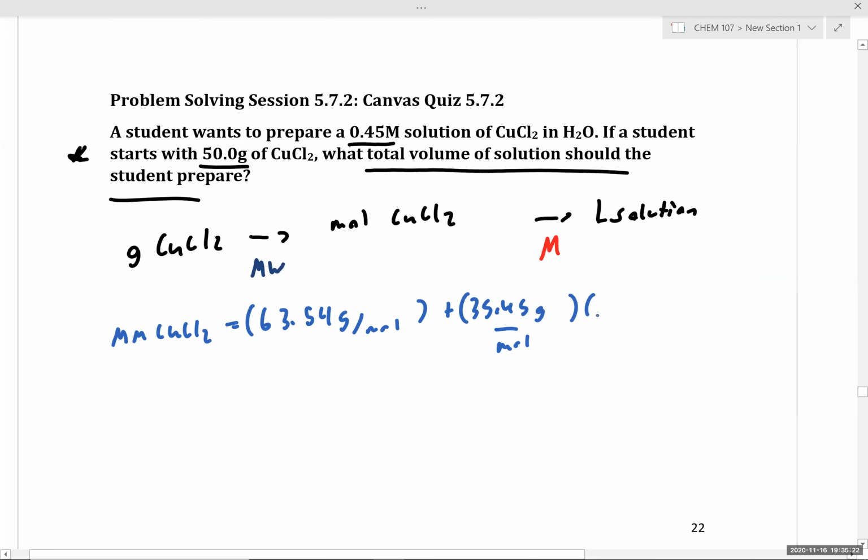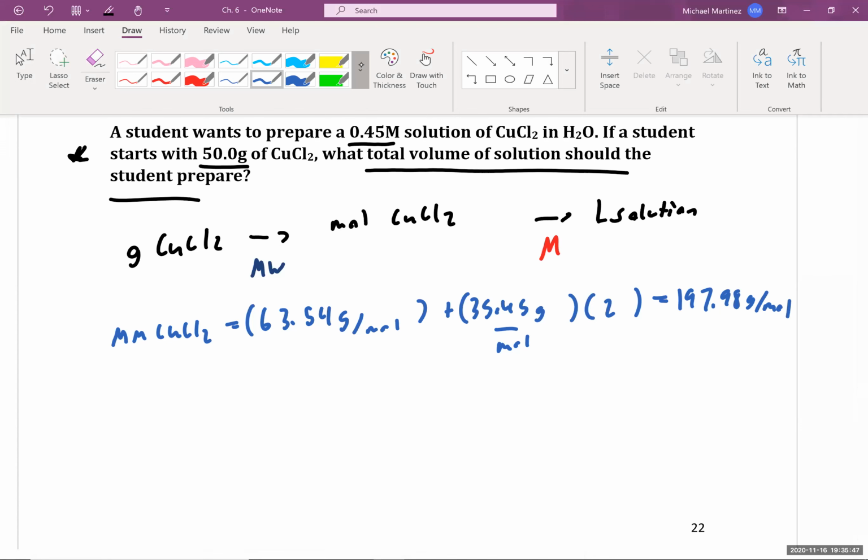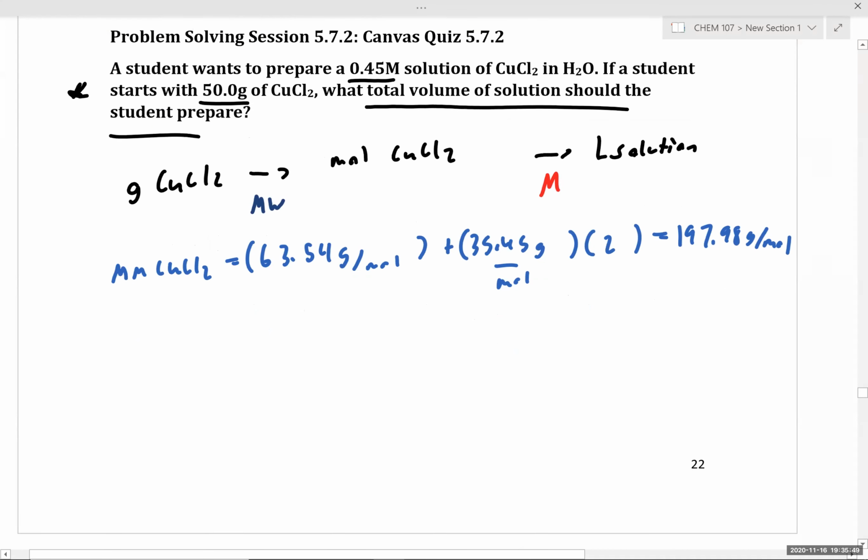And we know that we have 2 chlorine atoms. So punching this into our calculator, we have 63.54 plus 35.45 times 2 plus 63.54. And that gives us a molar mass of 197.98 gram per mole.